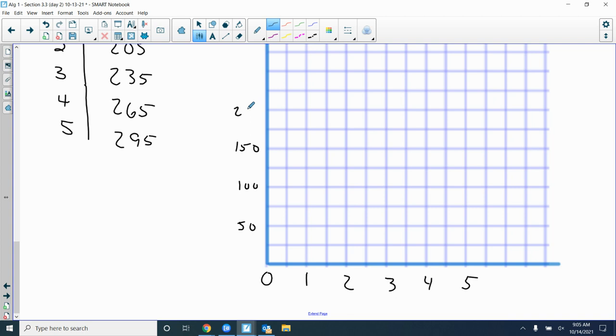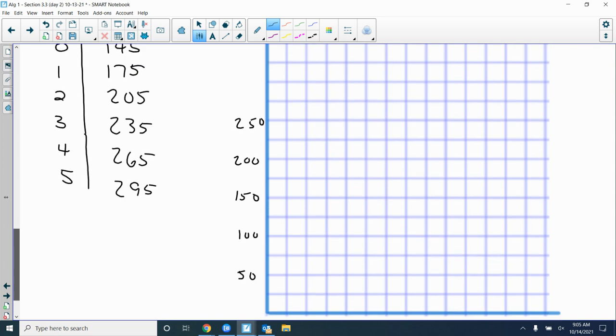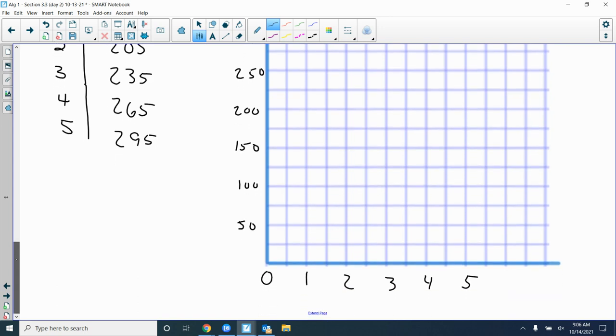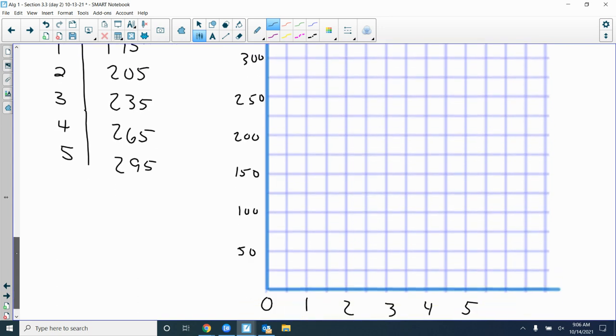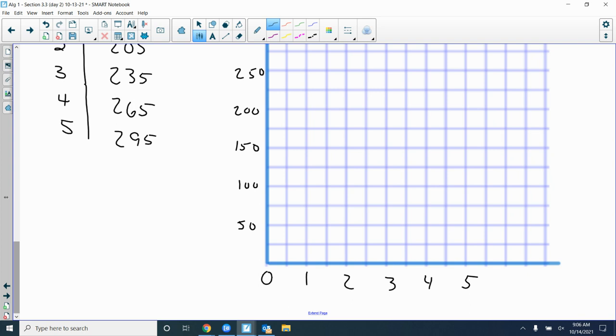50, 150, 250. So what was the first one? If you check 0 bags, your base ticket would be 145.